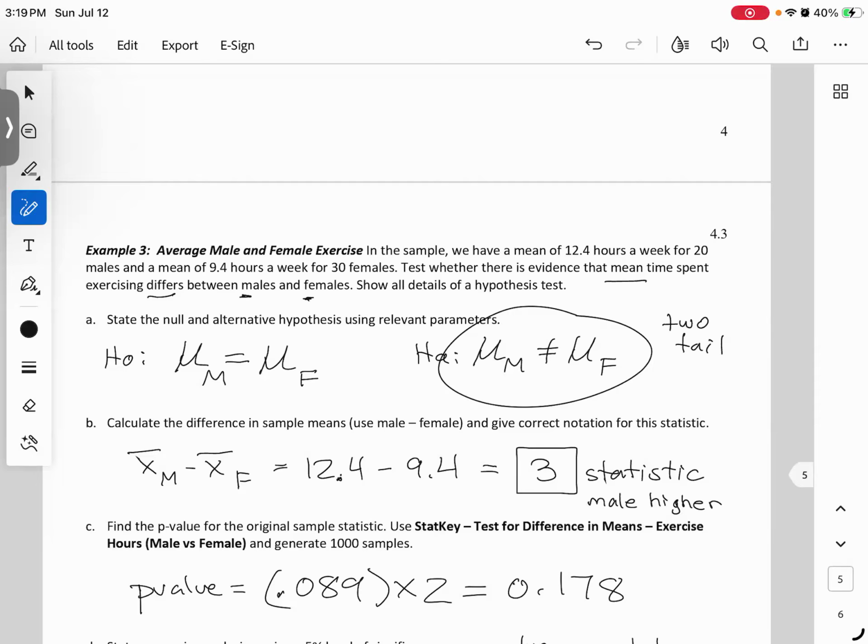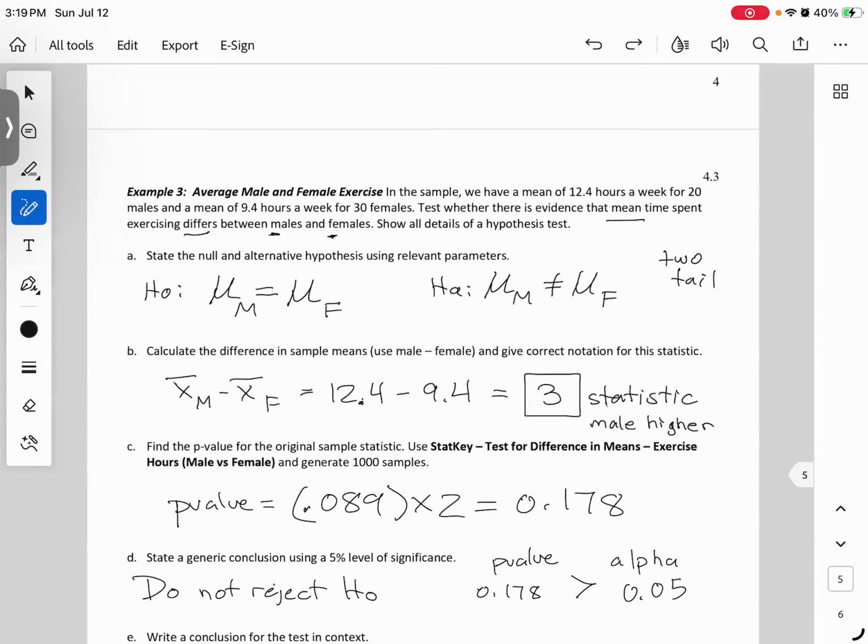And you're welcome to reuse the words that are in what was being tested. All right, it's right up here that the mean time spent exercising differs between males and females. There's not enough evidence to support that idea.